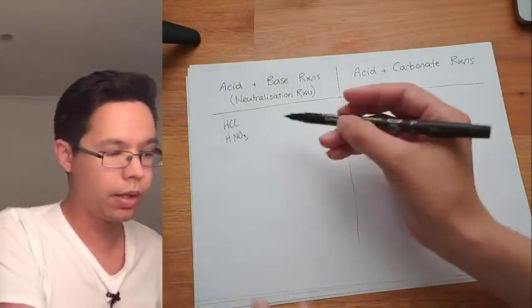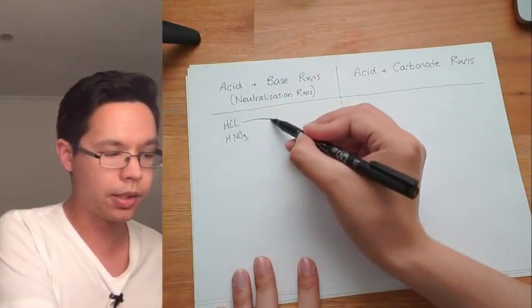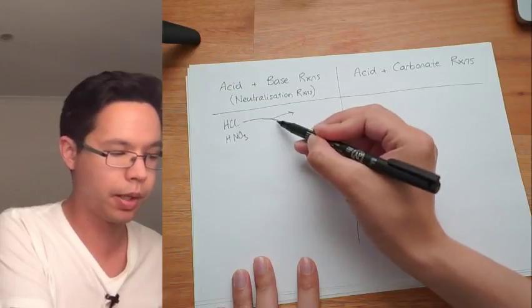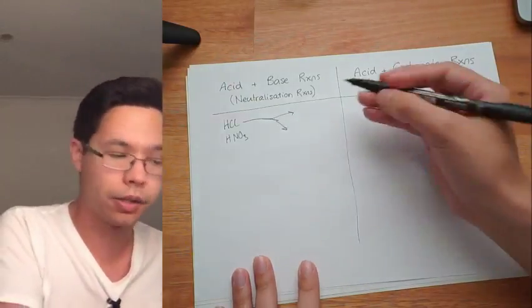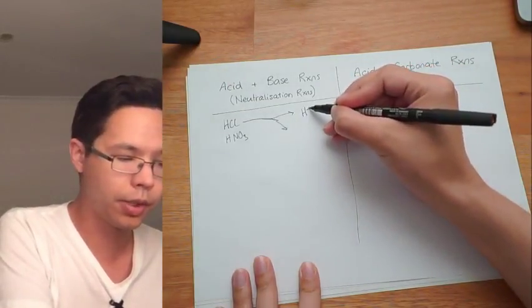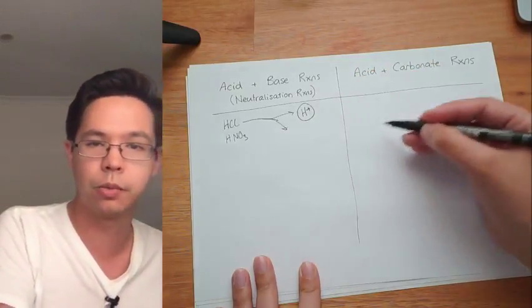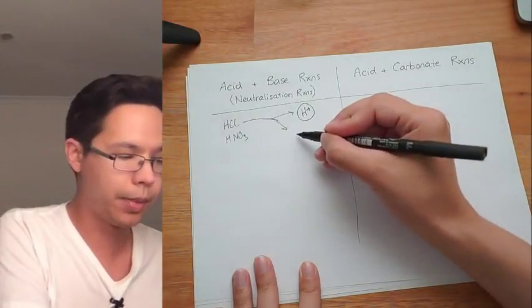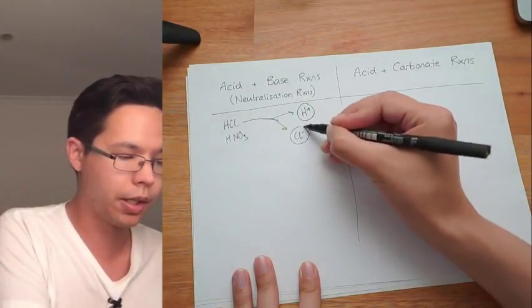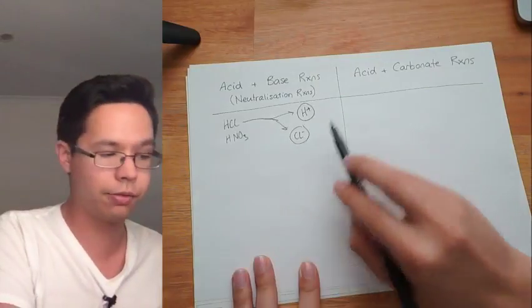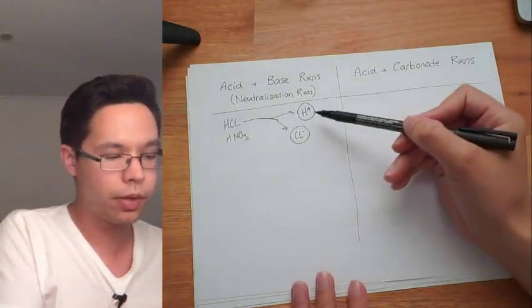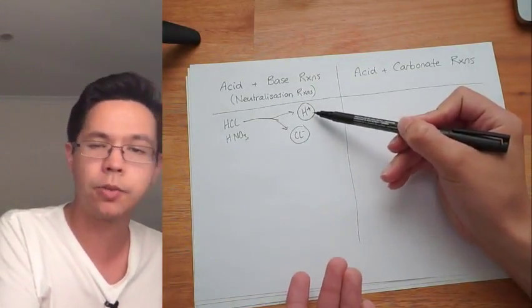So when hydrochloric acid is put into water, it splits apart into its separate ions. So you'll get a H+ ion. I'll just make that little circle there. So it floats around in the water, separated. And the chloride ion, which is the other half of the molecule, starts to float around in its own solution. So acids tend to make these H+ ions.